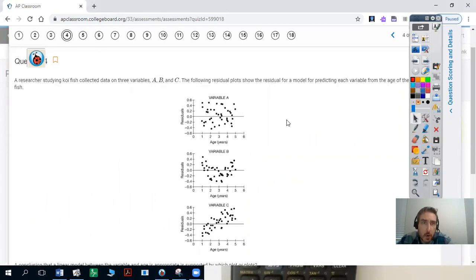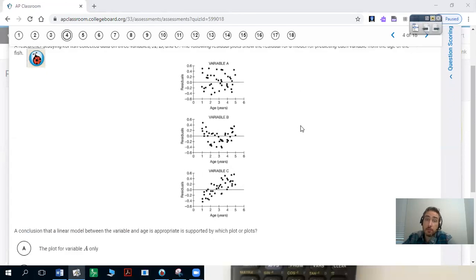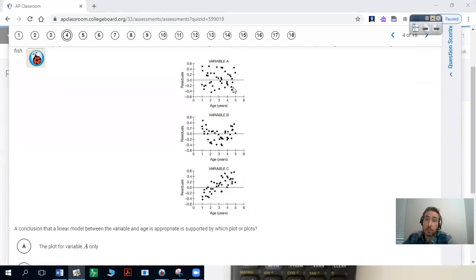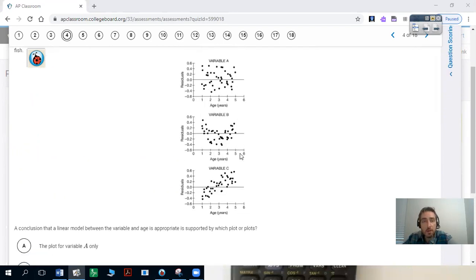A researcher studying koi fish collected data on 3 variables, A, B, and C. The following residual plots show the residual for a model predicting each variable from the age of the fish. Random scatter for variable A, variable B has kind of a U shape going on, and variable C looks like it has some sort of positive shape going from negative to positive. These are residual plots, mind you.